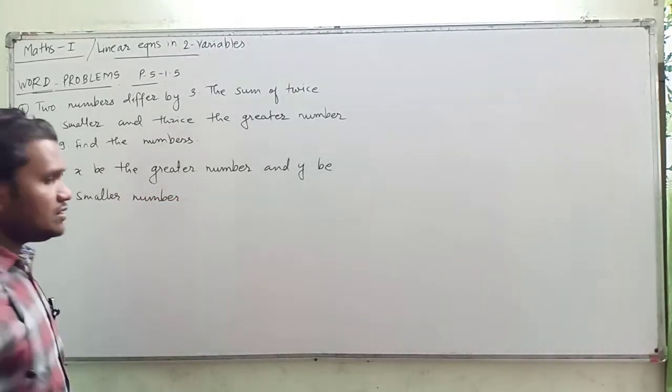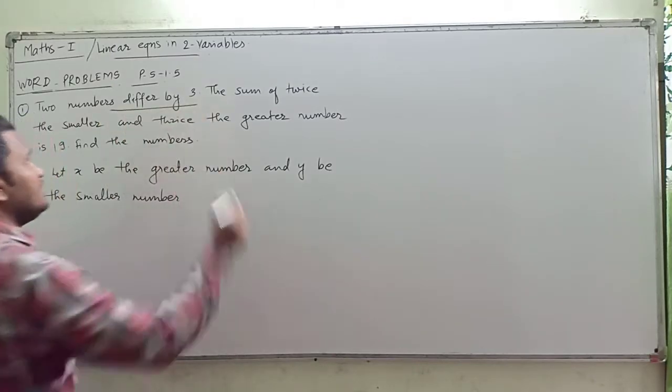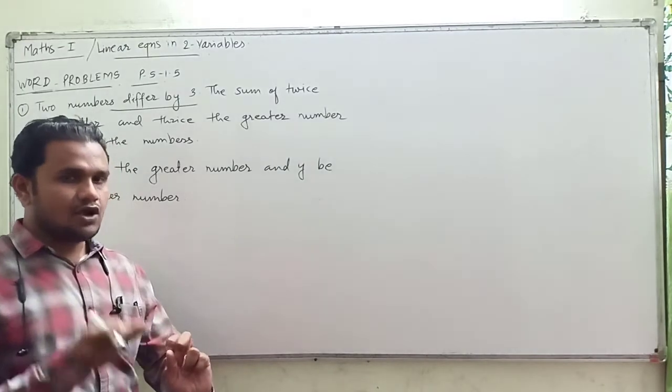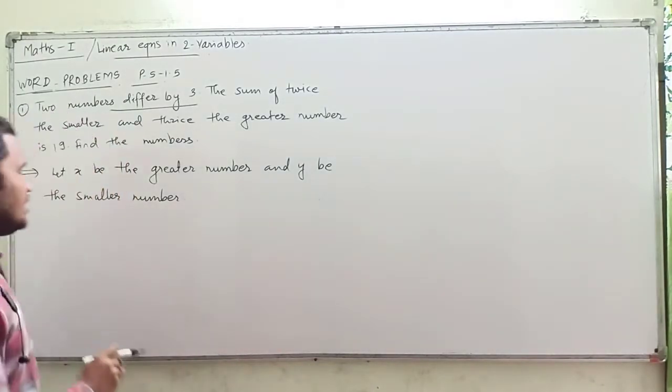Now, what our first condition says, they differ by 3, means their difference is 3. It means one number is greater than the other by 3.